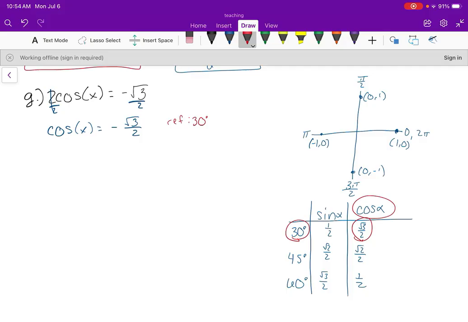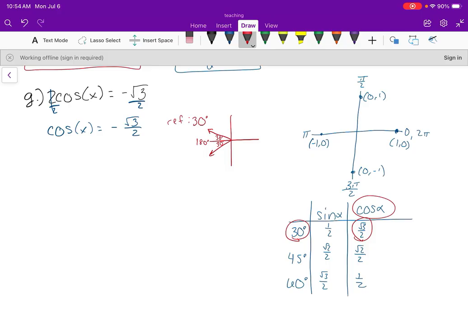Table only shows you quadrant 1. We need the two places that cosine is negative. So cosine is negative in quadrant 2 and quadrant 3. So what we're looking for are the two angles with references of 30 degrees, but they're in quadrant 2 and quadrant 3.